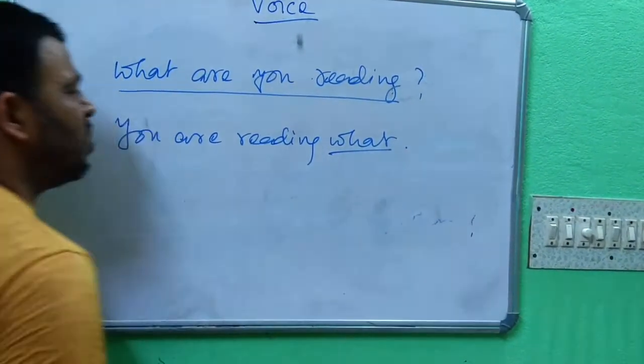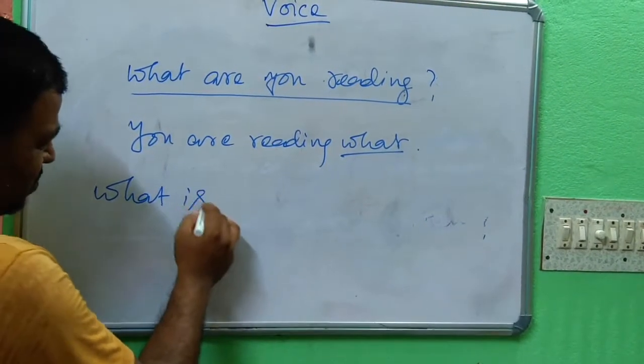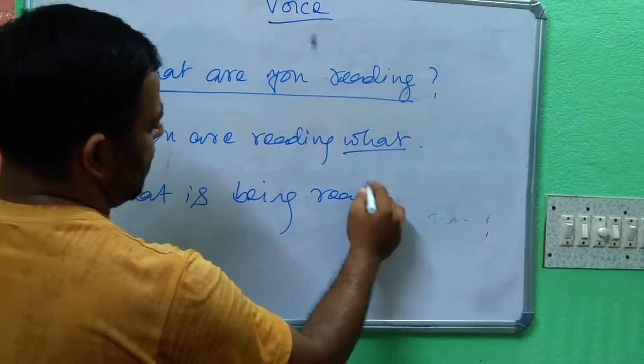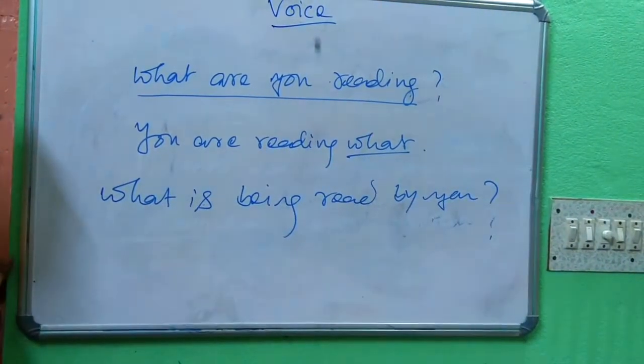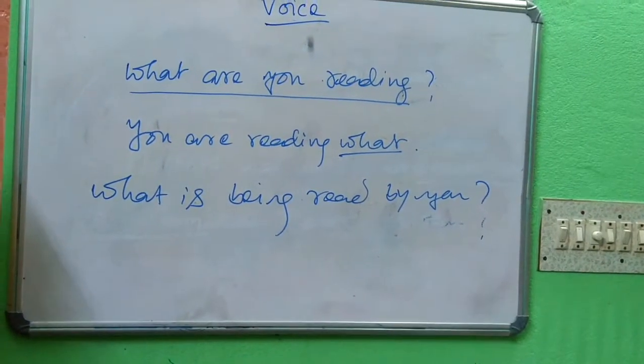You may find that what itself is the object, so it can be changed as: what is being read by you? It is very easy if the object is what.